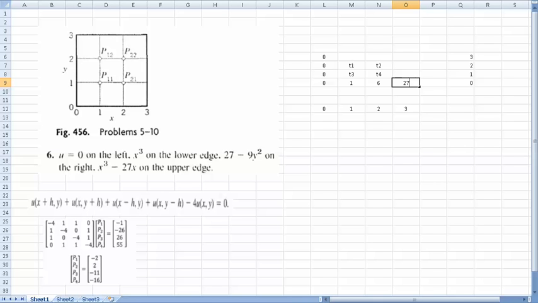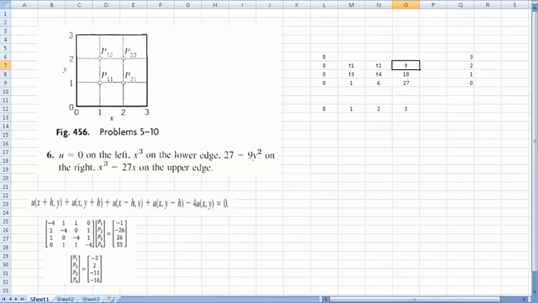Let's see. 27 minus 9y squared on the right. All right, so y is 0 on the right. So 27 minus 9 times 0 squared is 27.